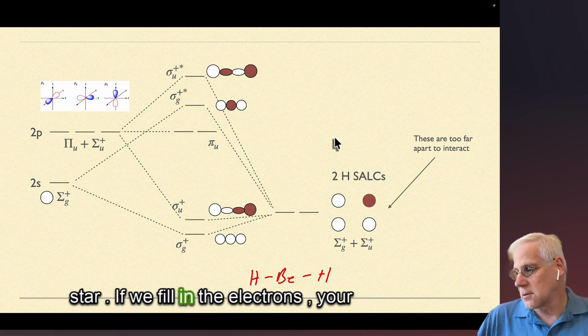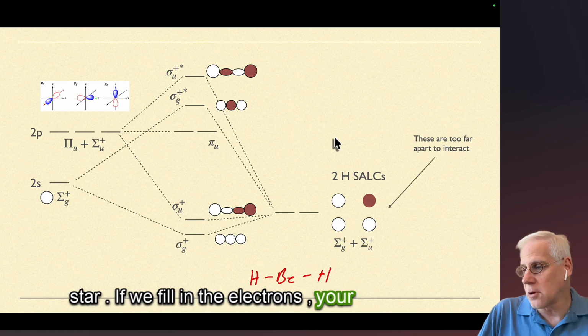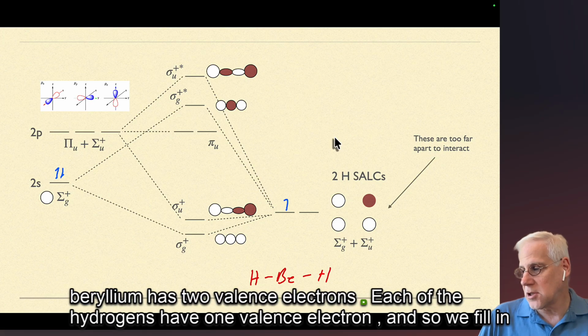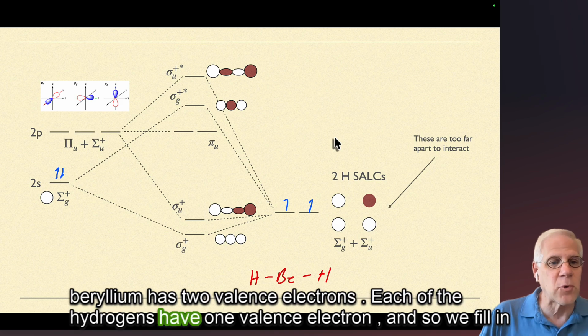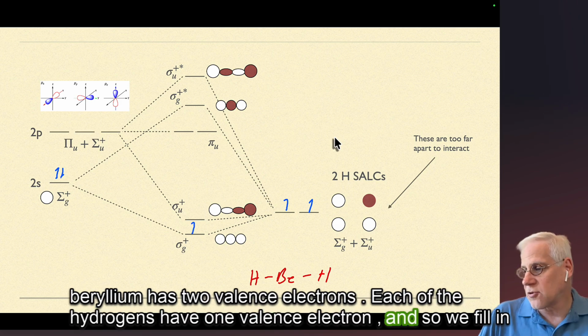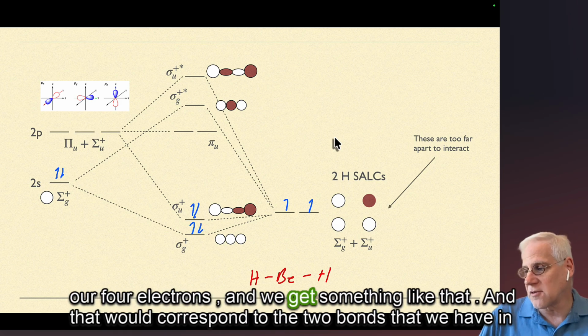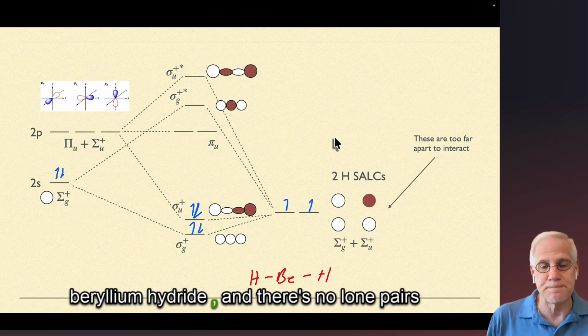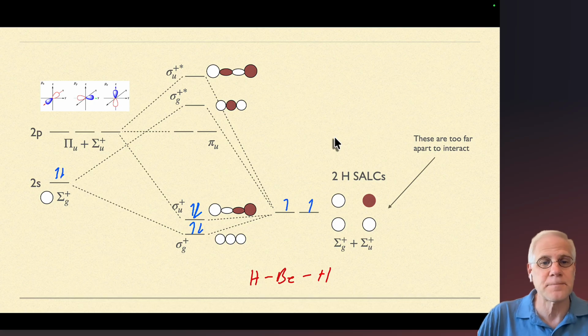If we fill in the electrons, your beryllium has 2 valence electrons. Each of the hydrogens has 1 valence electron. And so we fill in our 4 electrons and we get something like that. That would correspond to the 2 bonds that we have in beryllium hydride, and there are no lone pairs.